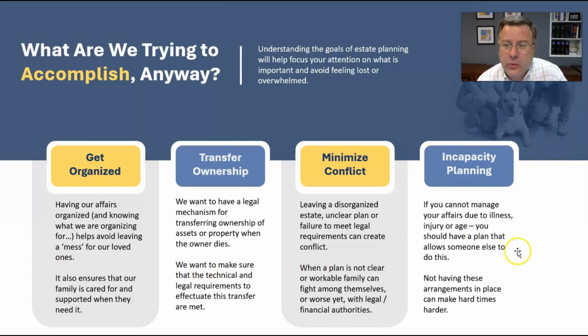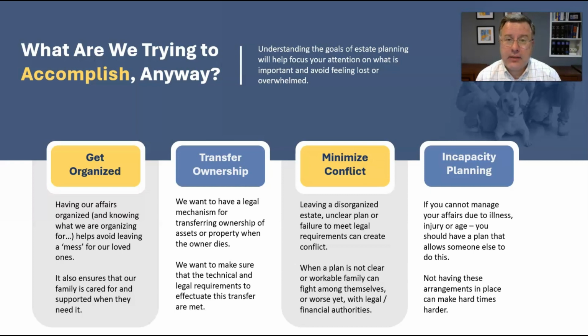Finally, another thing that we're trying to accomplish that a lot of people sometimes ignore or just don't think about is incapacity planning. So most people, I think, are aware that estate planning involves somebody passing away. Where do all of their possessions go? Estate planning also involves what happens if you're still alive, but you're not able to manage your affairs, right?